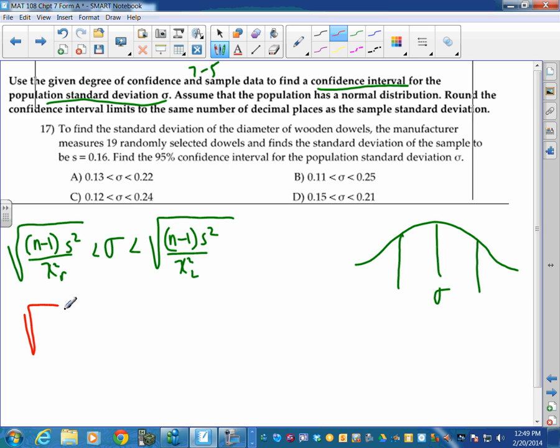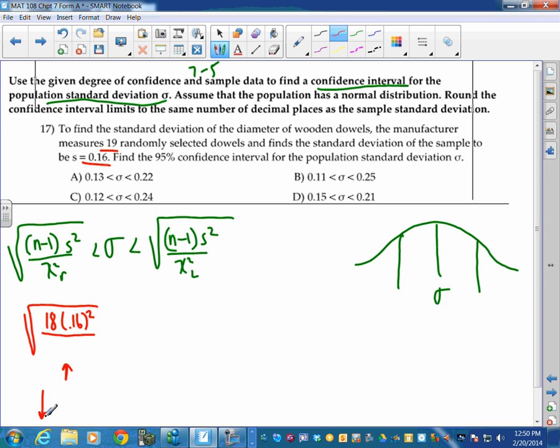So square root, what's n in this case? 19. So I'll have 18 times, what's s? 0.16 squared divided by, and how do I find that chi-squared R number?